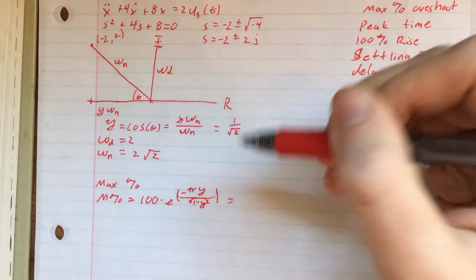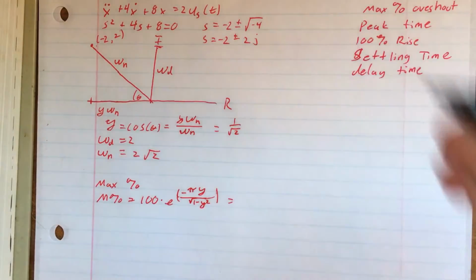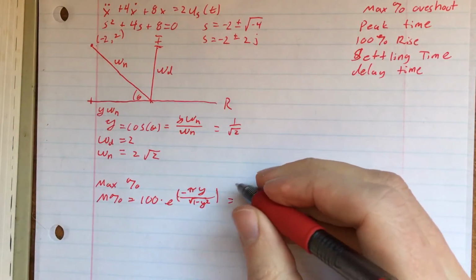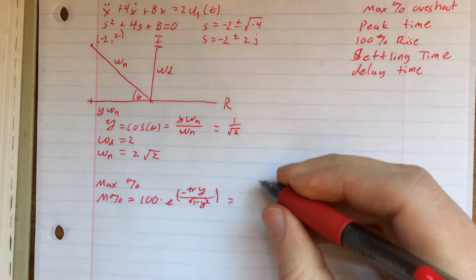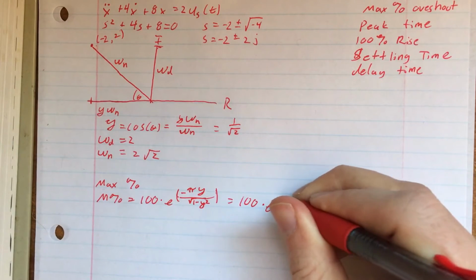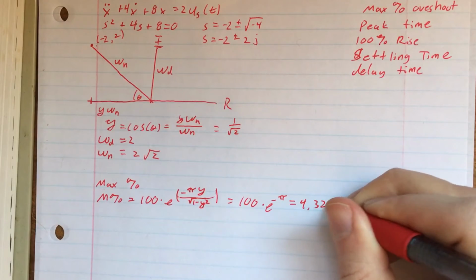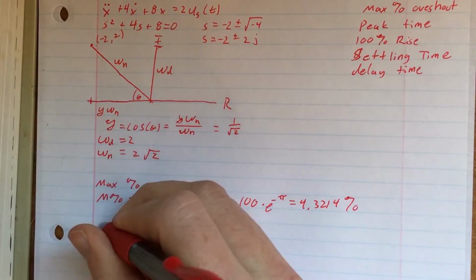And so you just plug in these numbers up above. So zeta is 1 over the square root of 2. If you simplify this down, it comes to 100 times e to the negative pi, and this is just 4.3214%.